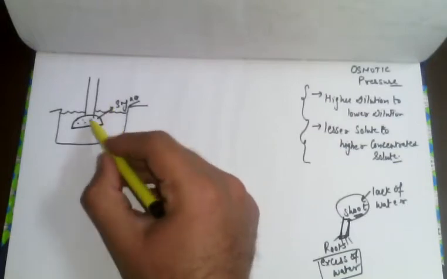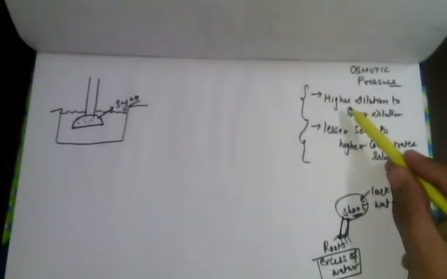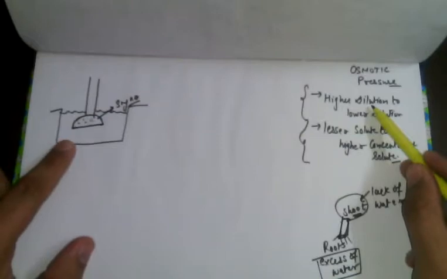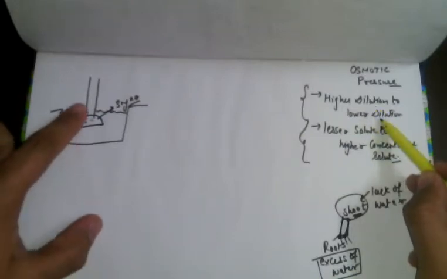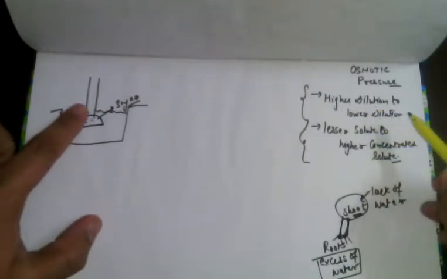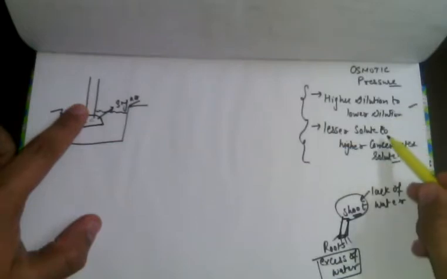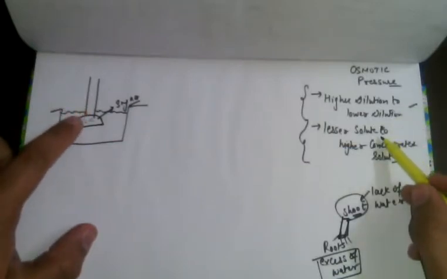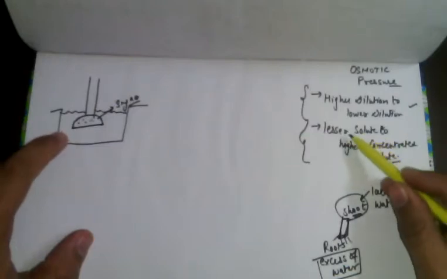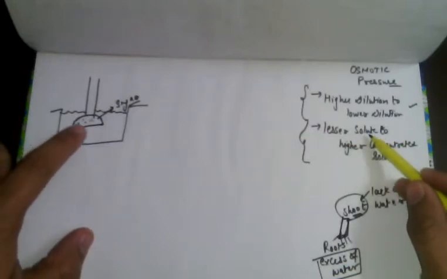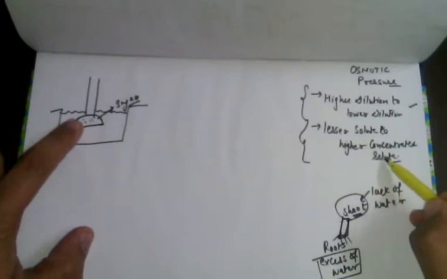So we will explain these things in 2 ways. If I say higher dilution is inside the beaker, lower dilution inside the funnel, this one is true. In other words, in the beaker there is lesser solute, and inside the funnel we are having higher concentration of solute as sugar.